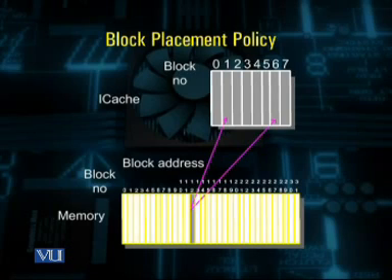Here, block number 12 from the main memory can be placed in a location corresponding to any of the 12 blocks in the cache. So the placement of a block in the case of fully associative memory is very simple and straightforward, and it does not need any consideration.